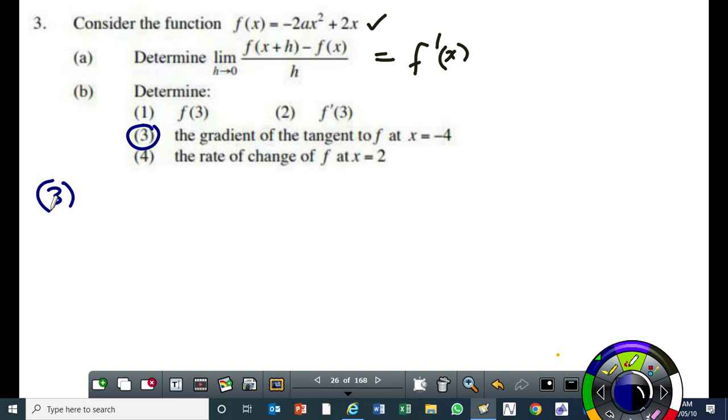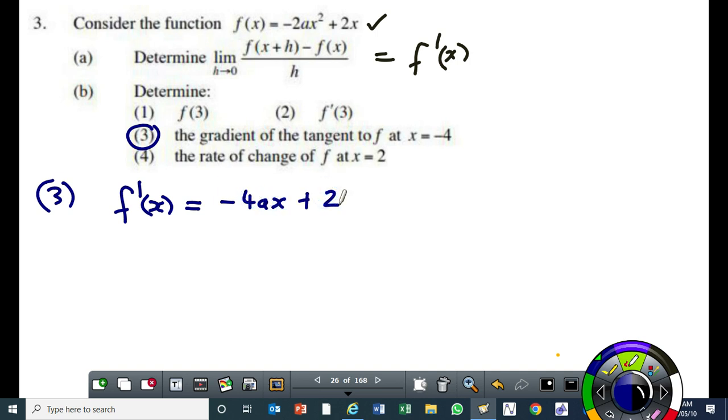The gradient of the tangent to f at x equal to minus 4. Now again, this is simple. We found the gradient of the tangent. That is its expression, f prime of x equal to minus 4ax plus 2.